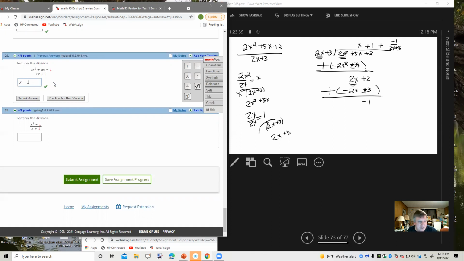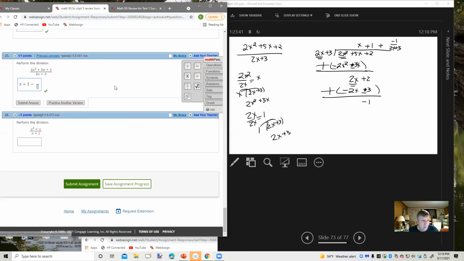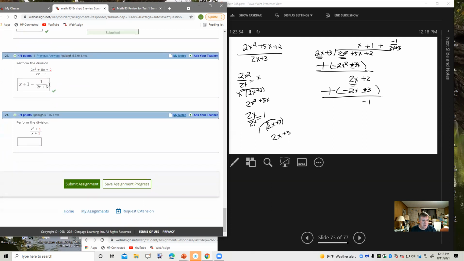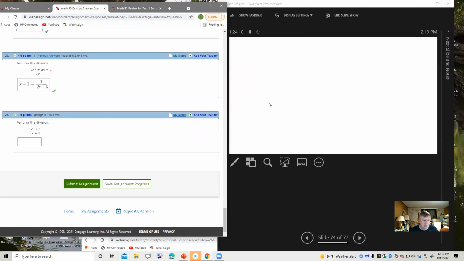What if we do minus, and then we put 1 over 2x plus 3. In other words, will WebAssign accept both forms? And the answer is yes. So you can write minus the fraction or plus, and then put the negative sign up above. The authors in the textbook do it with the plus and then the negative 1 up above. So I wasn't sure whether WebAssign would take them both, but it does. Excellent. Okay, one more and then we're out of here.